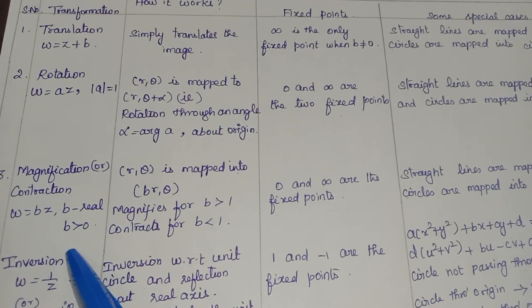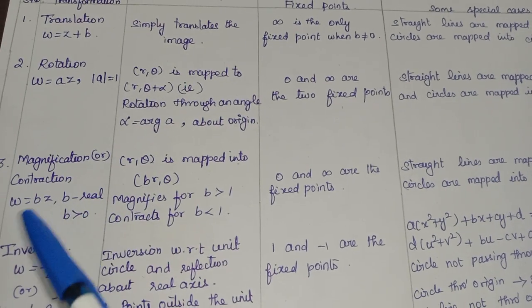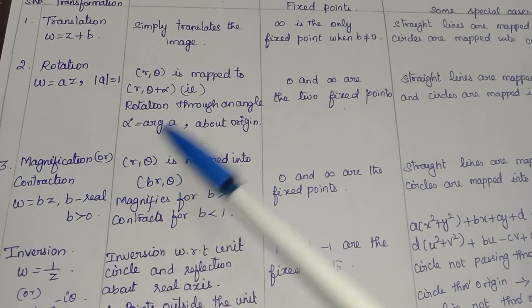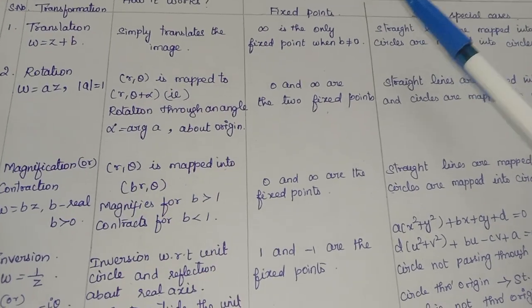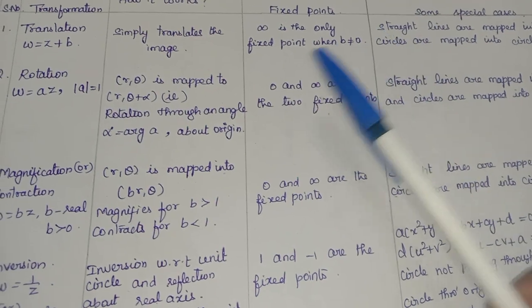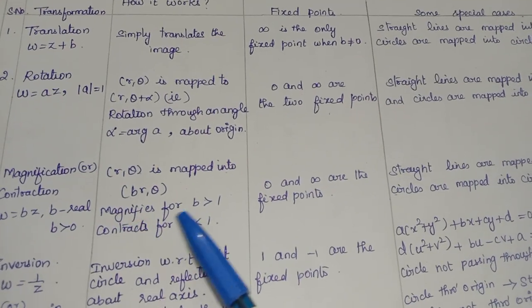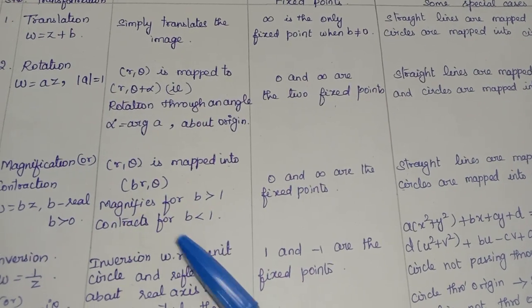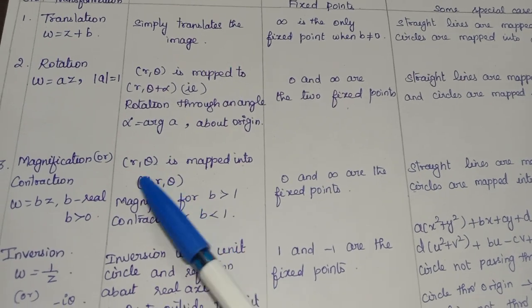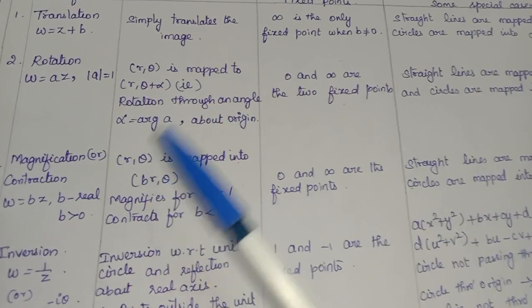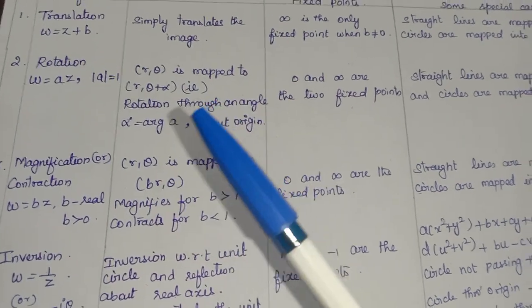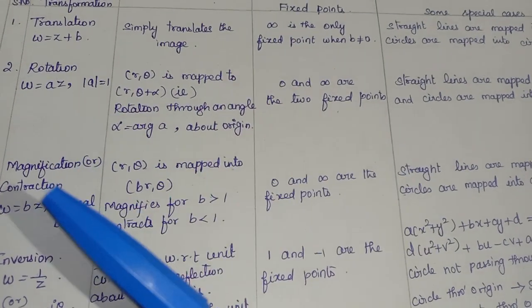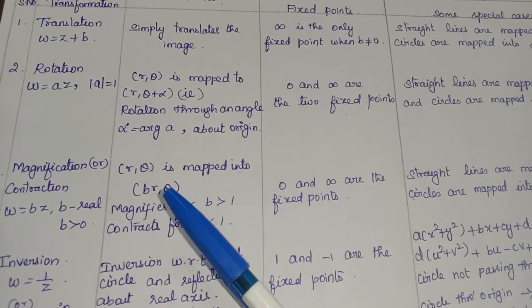And specifically, when will it magnify your image and when will it contract your image? Magnify means it extends, the length increases. Contraction means the length shrinks. So it magnifies for b greater than 1 and contracts for b less than 1. There is no change in the shape and no change in the orientation, only the size is either extended or contracted.